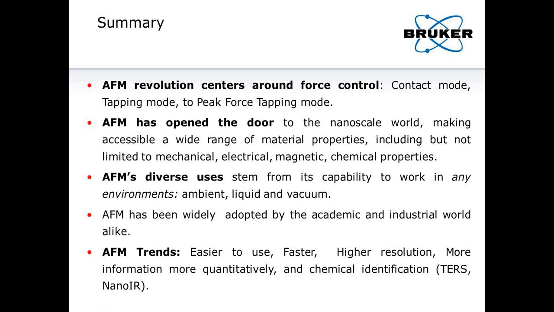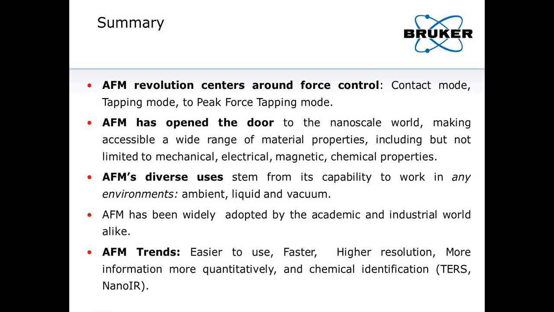Now, in tapping mode, you do have to tune and find the resonance frequency of the cantilever. And often in fluid, that's a problem because there's hydrodynamics going on there. When you vibrate the cantilever, the fluid will move along, which gives you multiple peaks. So that's a challenge for tapping mode. You have to figure out which peak to use.